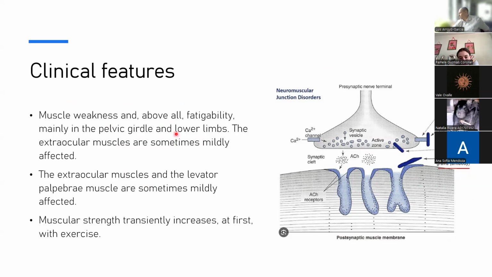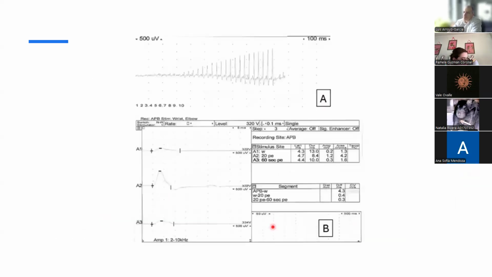In myasthenia gravis, we were talking about the muscles in the face, and here the extraocular muscles are sometimes mildly affected. This is the difference. We're talking about lower limbs in Lambert-Eaton syndrome, and this is something that makes it different. Muscular strength transiently increases at first with exercise because of this.